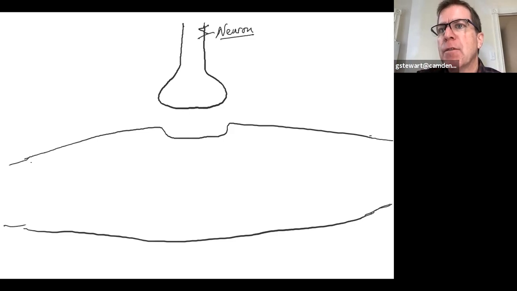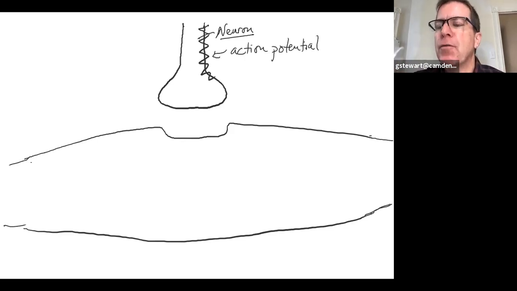So I'm going to draw that. Here comes an electrical stimulus down the edge of this nerve cell, and I'll label that an action potential. That just means electrical stimulus. When that electrical stimulus gets to the end here of this terminal, it's called the terminal end or terminal button, that electricity causes gaps to open up on the membrane here.